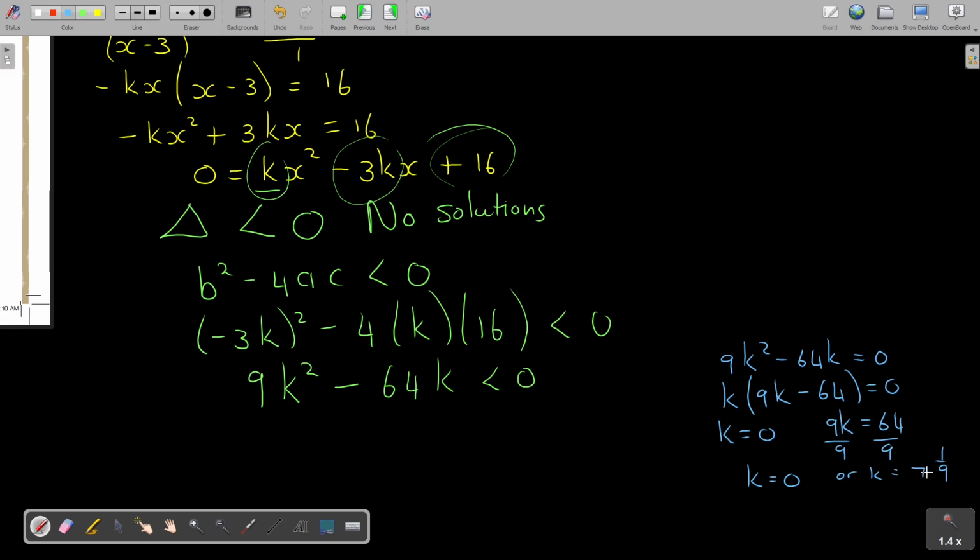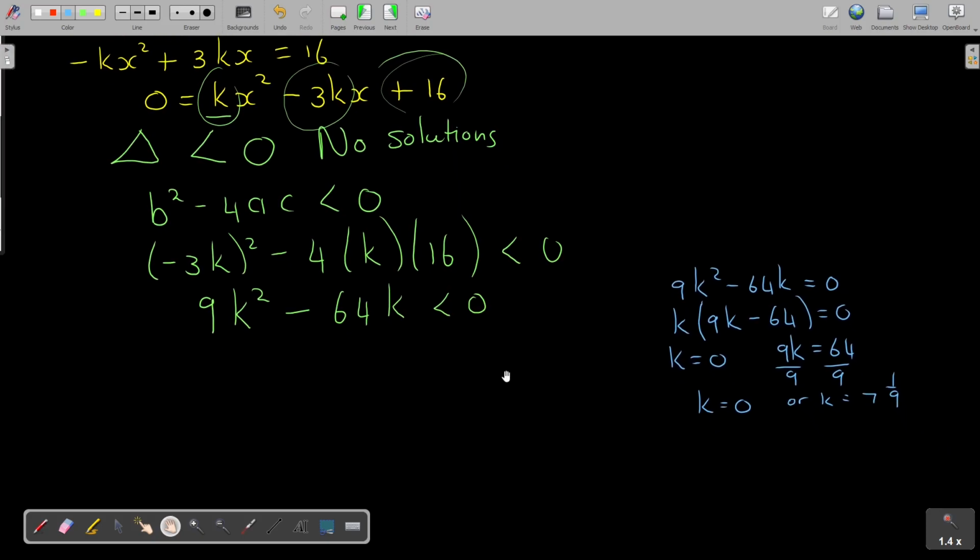So if you then make a sketch of that, it looks like this: that is 0, and that's 7 and 1 over 9. Due to the inequality being smaller than, I will highlight the bottom.